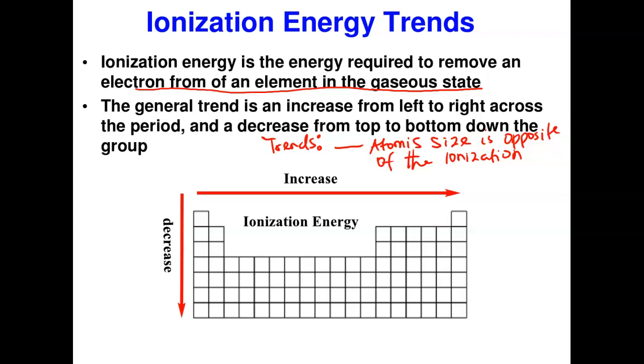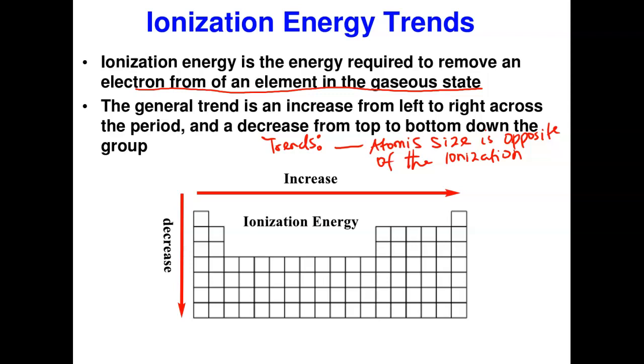Why? That makes sense. Remember when I talked about atomic size, as you're going from left to right, more protons are being added and more electrons are being added to the same shell. What is happening? The more protons you add, the more the attraction between the nucleus and the cloud, the electrons.